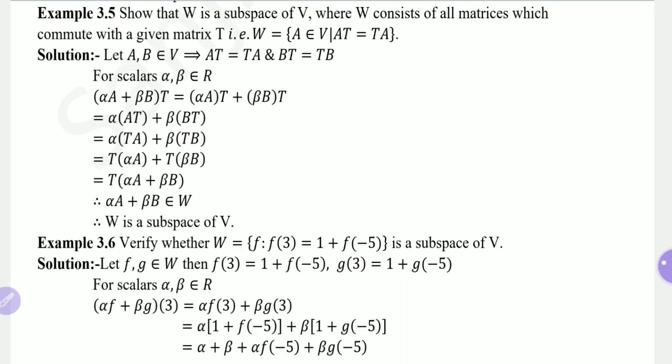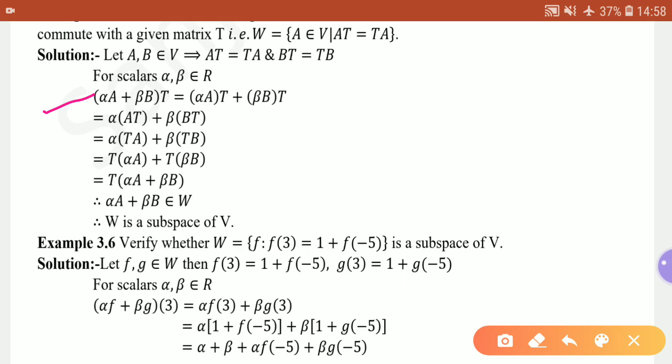So in the solution I have written, you can see that here we have considered two scalars alpha, beta and two matrices, and we have considered this quantity alpha times A plus beta times B, and we are going to prove that this belongs to W, okay. So the second condition of the definition we are using, and by using that also you can prove that the given set forms a subspace.